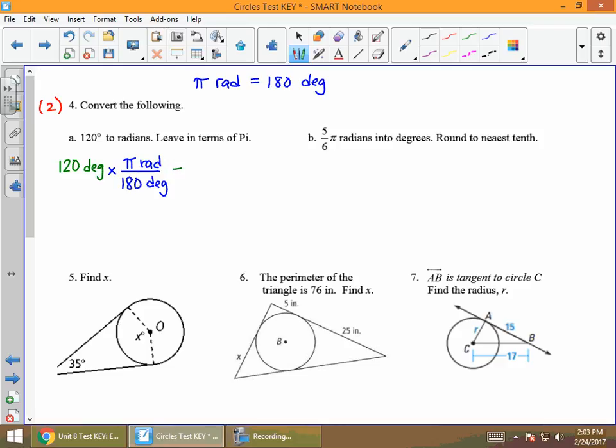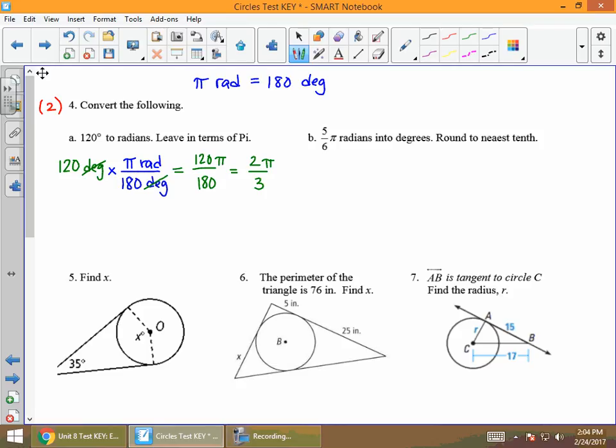And that will allow me to cancel degree with degree and multiply 120 times pi, which is 120 pi, over 180. And simplify that fraction. 120 over 180 simplifies to 2 pi over 3. So that is 2 pi over 3 radians, or 2/3 pi radians.